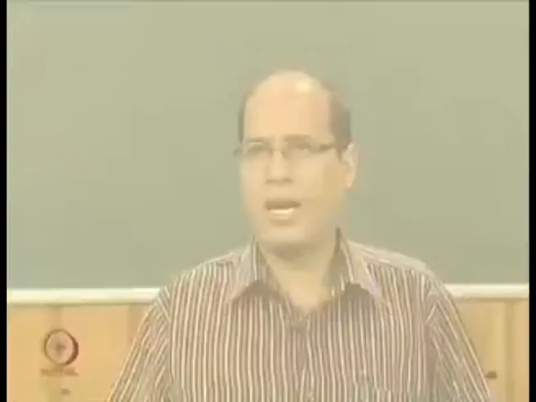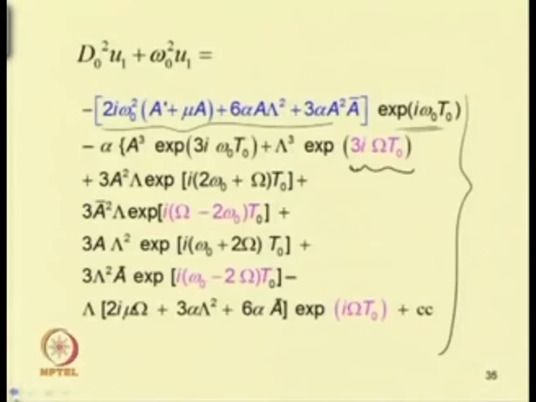So, this is the superharmonic resonance condition, and one can also study the subharmonic resonance condition. From this equation, we have already seen the condition 3 omega equal to omega 0.